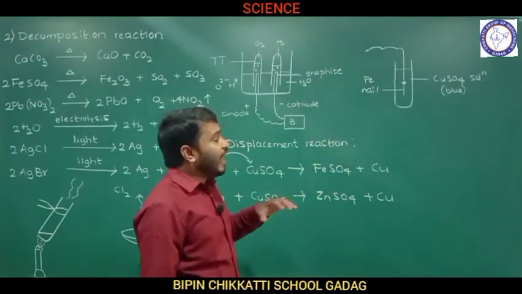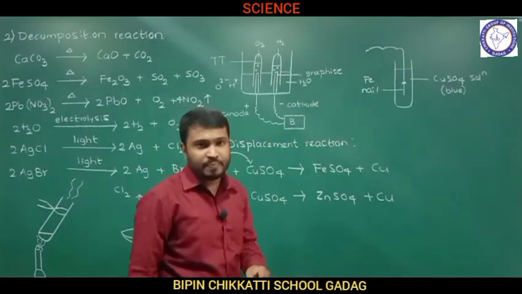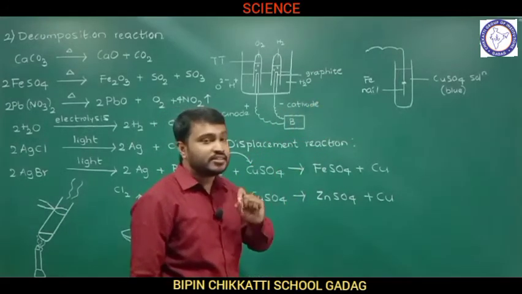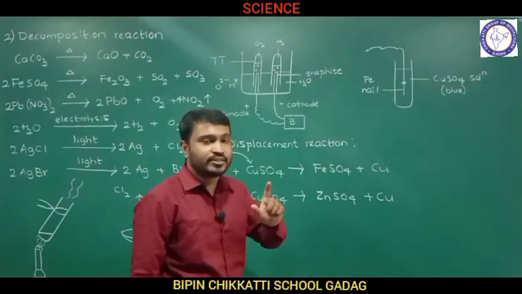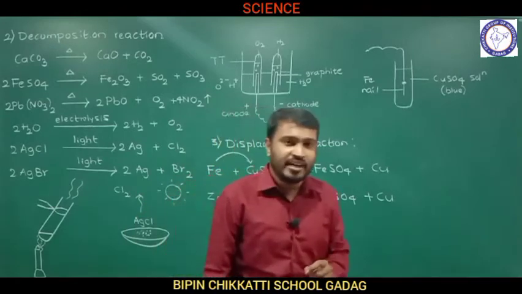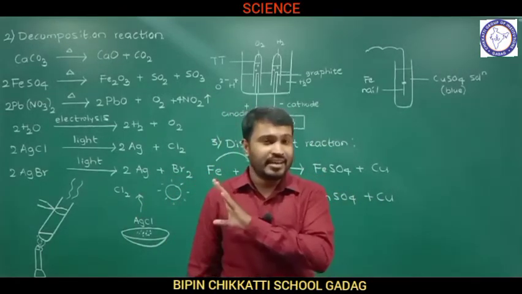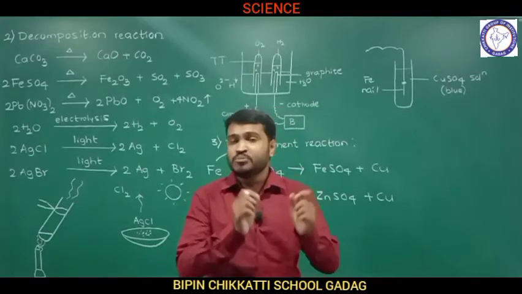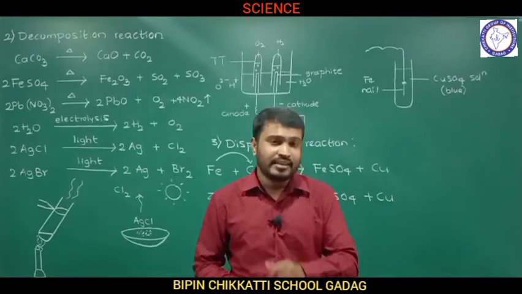And now as I told you already, iron is going to displace copper, and then the question arises, why can't copper displace iron, isn't it? But remember, always in a displacement reaction, a more reactive element displaces a less reactive element. I repeat, in a displacement reaction, a more reactive element displaces a less reactive element.